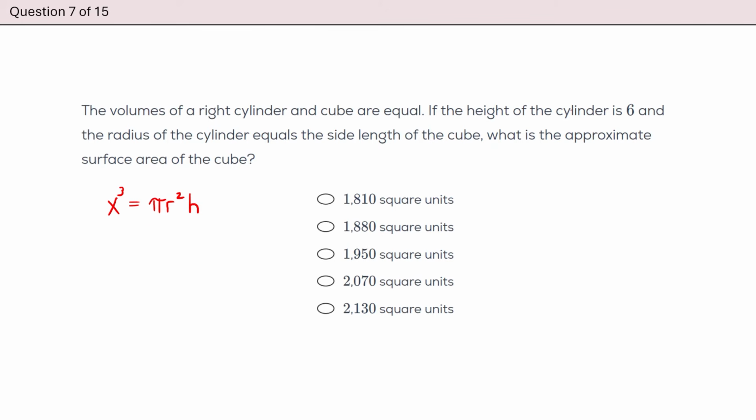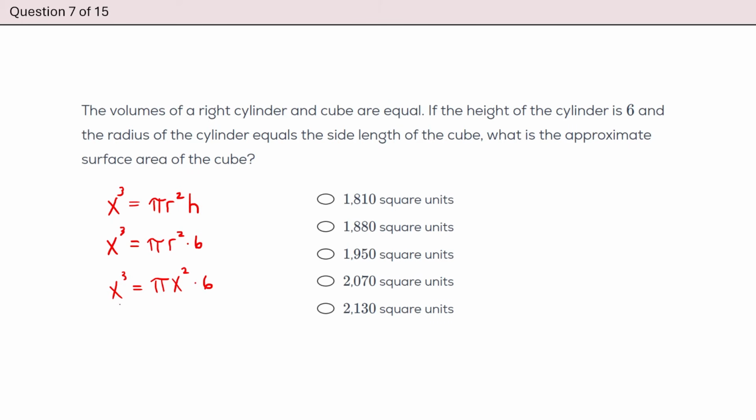If the height of the cylinder is 6, okay, so let's rewrite this. So now we have x cubed equals pi r squared times 6. And the radius equals the side length of the cube. Oh, okay. So if the radius equals the side length, we can say that x cubed equals pi, remember, the radius equals the side length, so radius squared would be x squared, times 6.